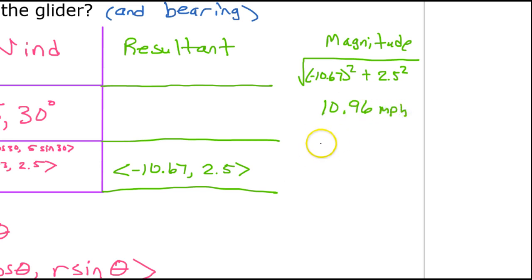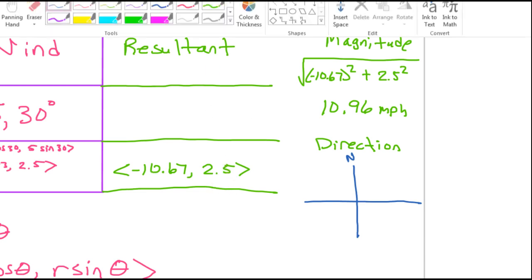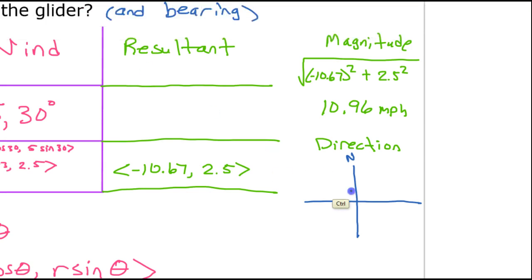Alright, now let's talk direction. For the direction, I recommend always making a little diagram. So there's north. If we have negative 10.67 and positive 2.5, what quadrant is that going to be in? Hopefully you can see that we are talking about the second quadrant. We're dealing with a vector that looks like this.